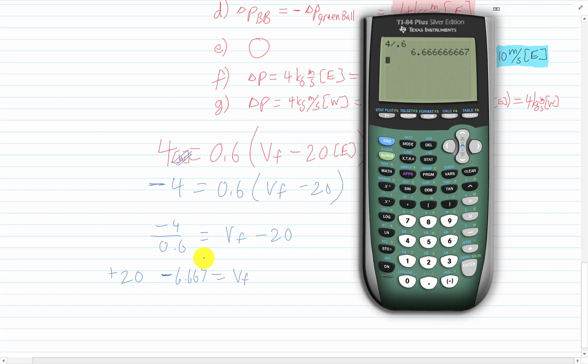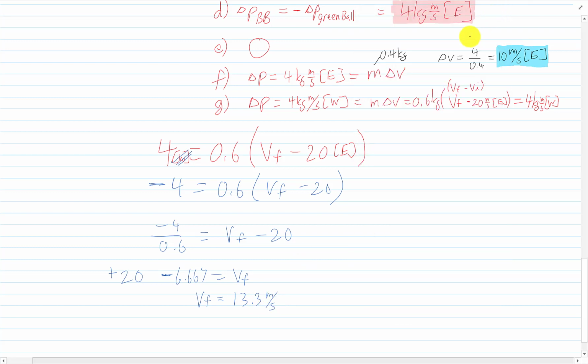So it's 20 minus this number, and that will be the final speed. And what is the direction of this? Well, we said that east was positive, so this is a positive number, so we're still going to have it as east.